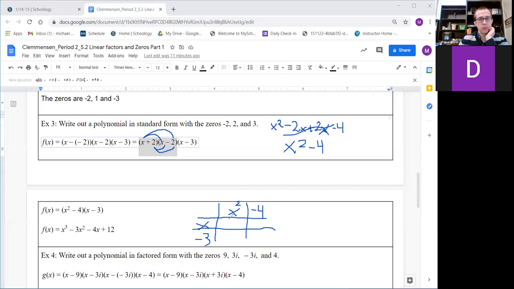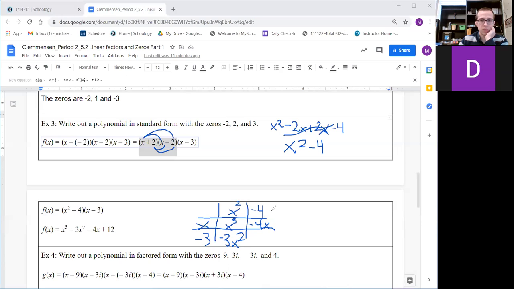And then I multiply each box together. X squared times x gives me an x cubed. -4 times x gives me -4x. X squared times -3 gives me a -3x squared.